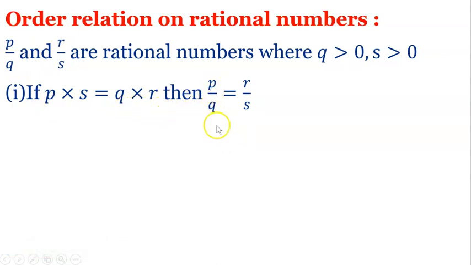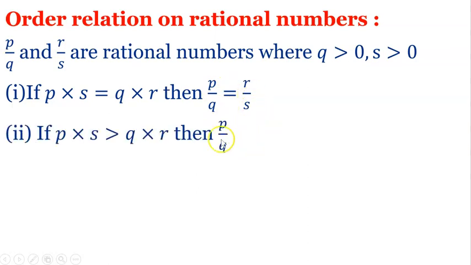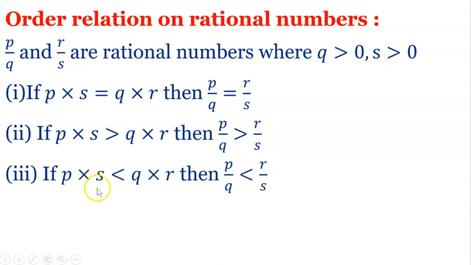It means p upon q is equal to r upon s. Second, if p into s is greater than q into r, then the rational number p upon q is greater than r upon s. And if p into s is less than q into r, then p upon q is less than r upon s.